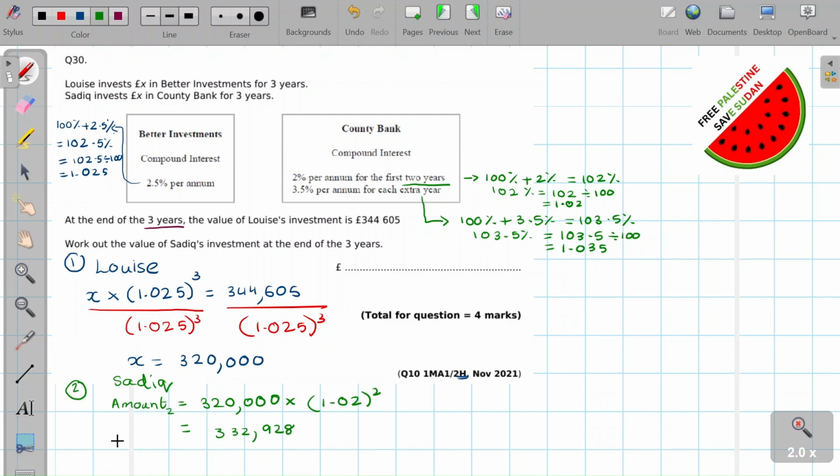That's the amount after 2 years, and the amount after 3 years is going to be 332,928 multiplied by 1.035. £344,000. Forgot the pound sign.